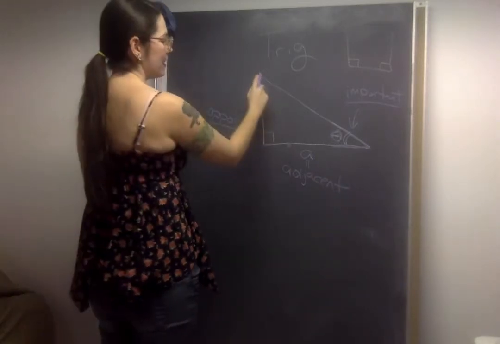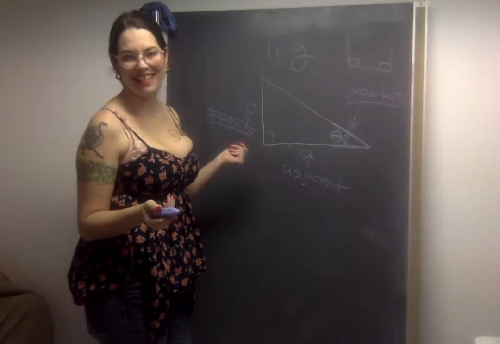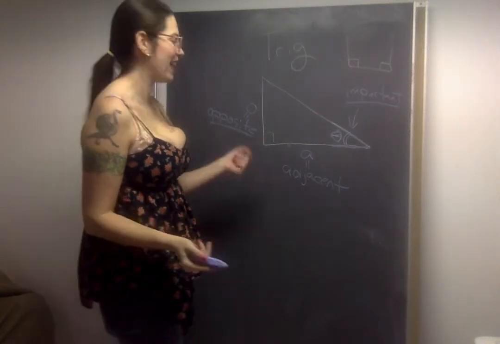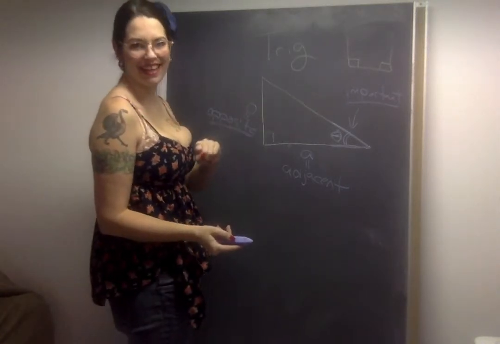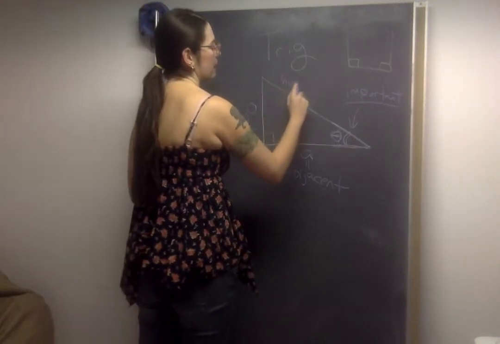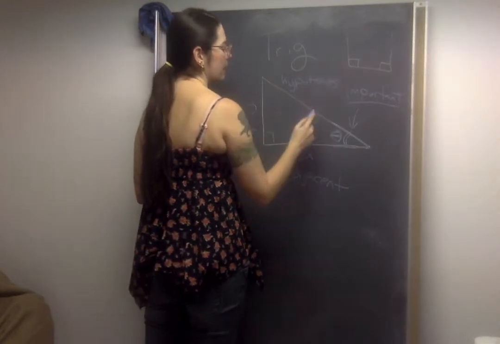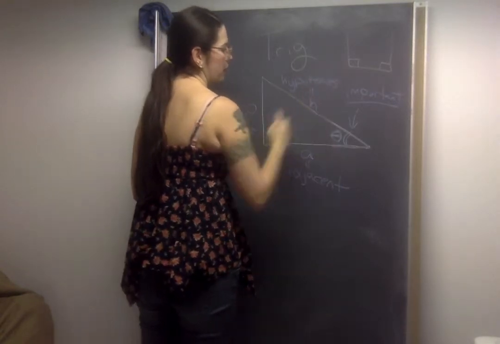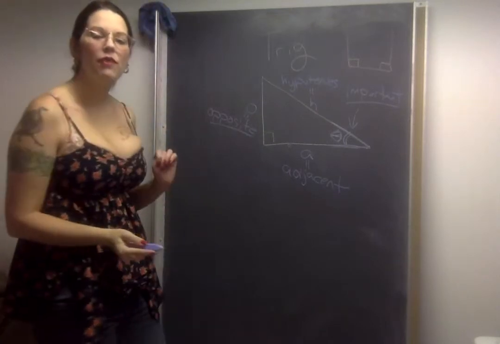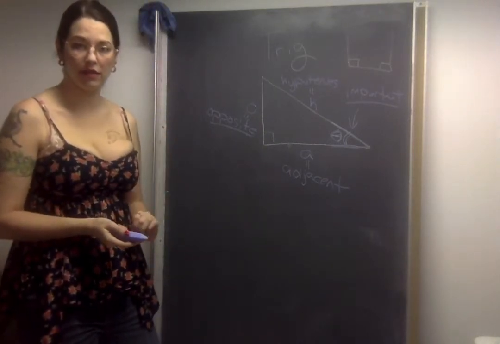And this side, well, it doesn't really matter how it pertains to theta because it's the hypotenuse of the triangle. This is the one that doesn't actually care that much about theta. This is the hypotenuse, H for hypotenuse. And we can define sine and cosine from here.